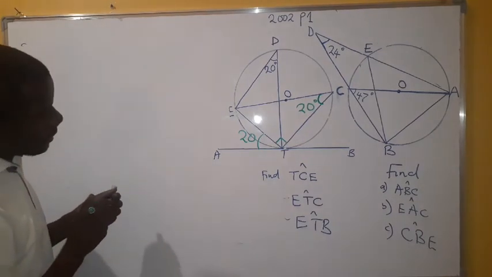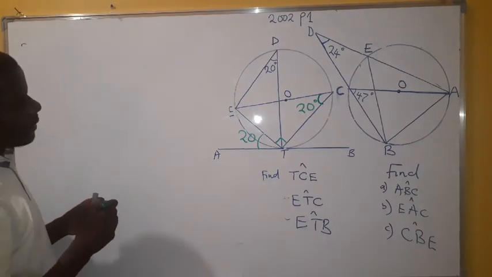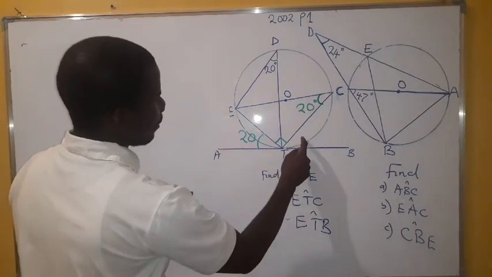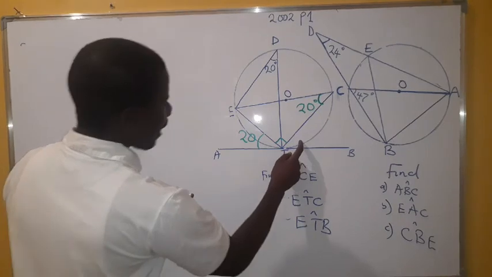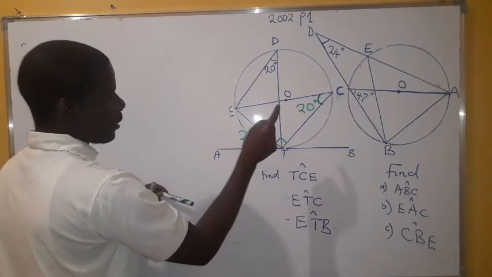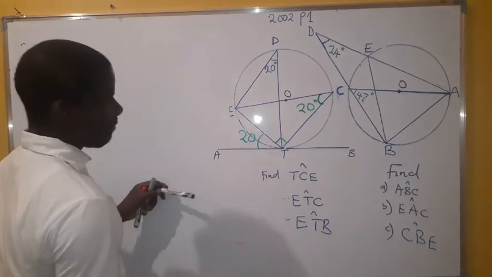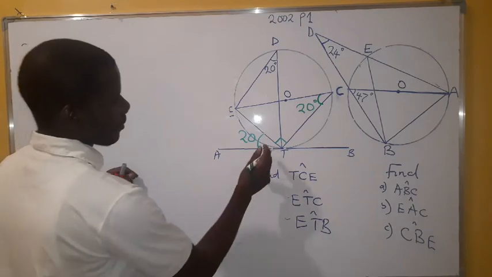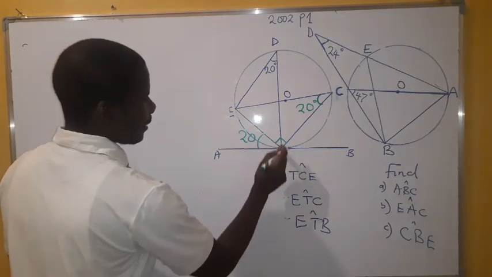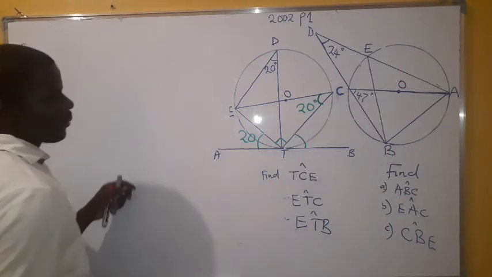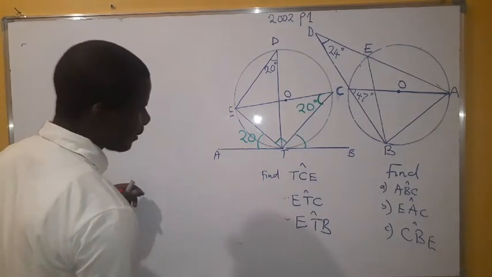All right. So what question do they want me to find? If we need to find this angle here, it means now we are going to add. This is 90 already here, 20, I said I'm using the information that is given. So in other words, if this is 90, this 20 and this angle here must also give us 90, isn't it?